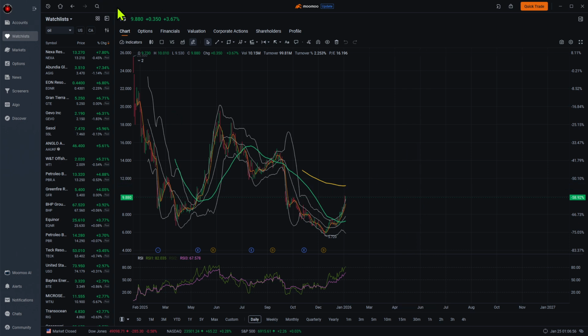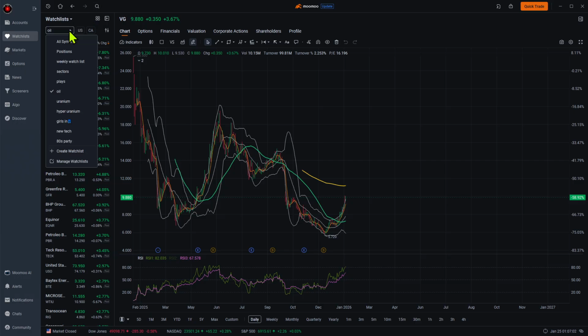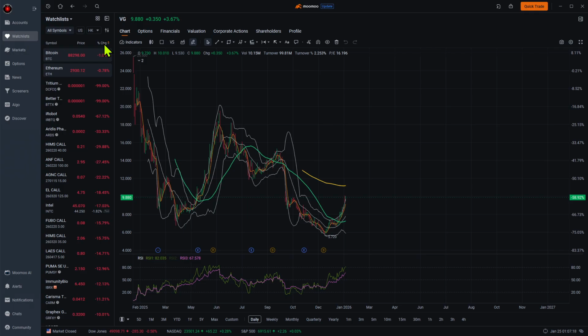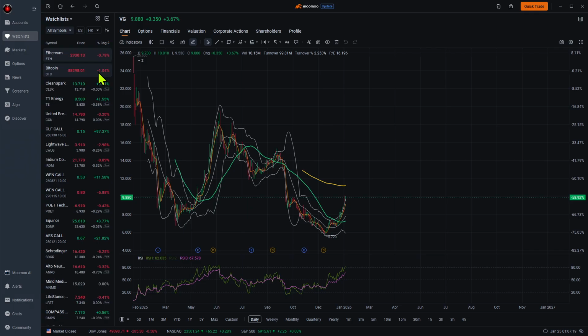Oh, let's see if I can find this one. Shoot, I don't know if I can. I just found this stock the other day. Was it T1 Energy?